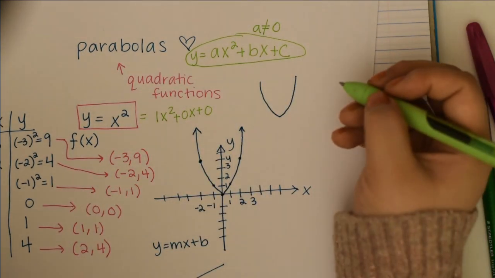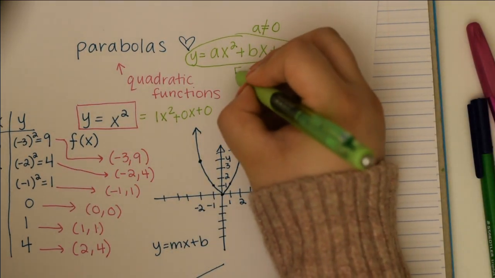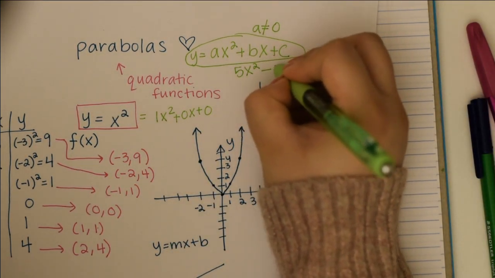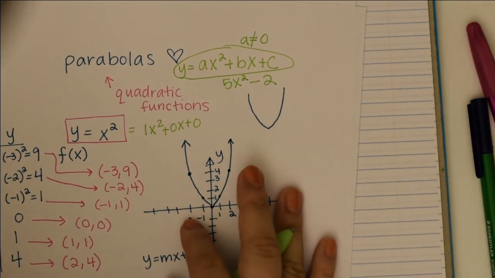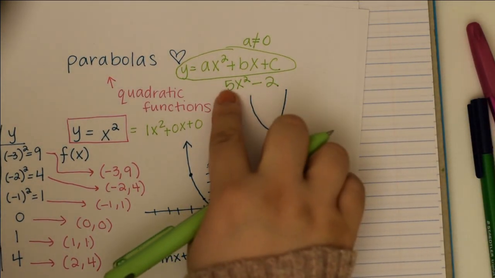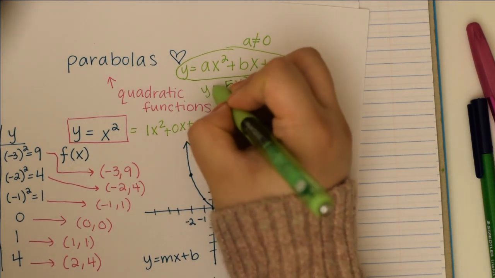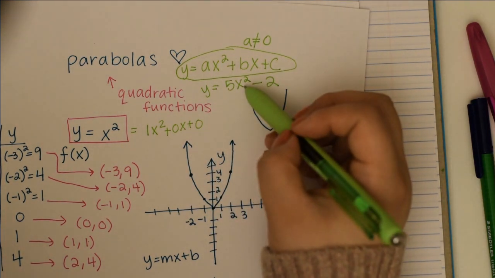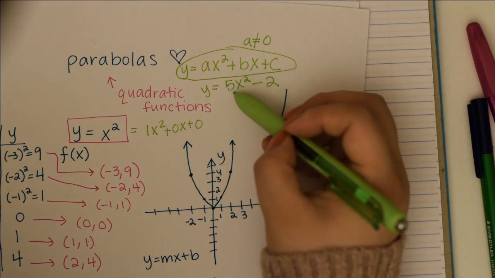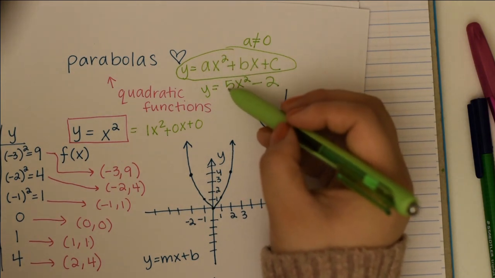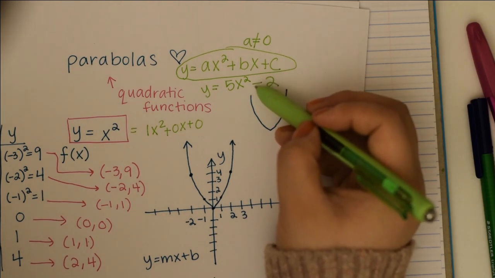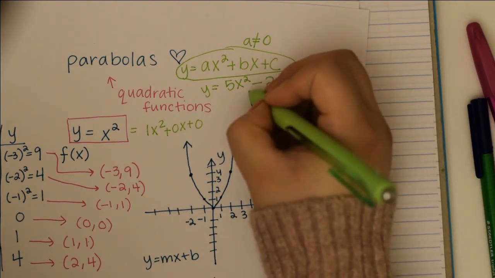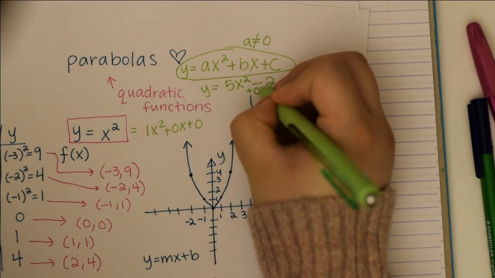So just to drive home that point, you could get something like 5x squared minus 2. This is still a quadratic function. y equals 5x squared minus 2, because the coefficient of the x squared term is 5. The number that goes right before the x squared is 5. There is no something x, so that's basically plus 0x.